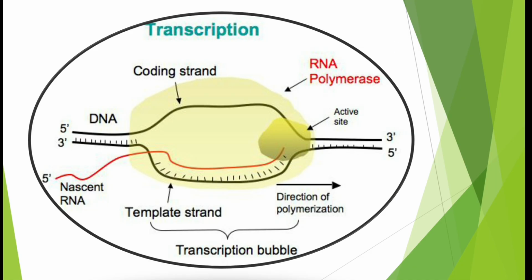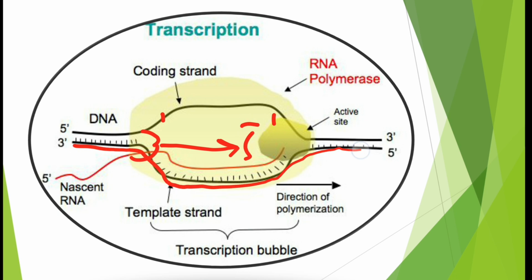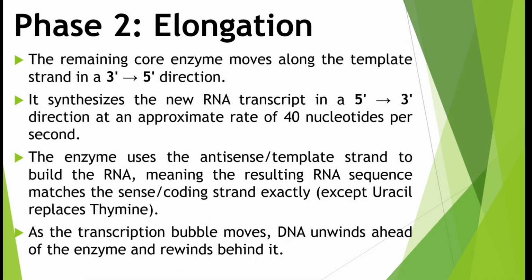RNA polymerase works in the 3' to 5' direction on the template strand. Next, phase 2, which is elongation. The remaining core enzyme moves along the template strand in a 3' to 5' direction. It synthesizes the new RNA transcript in the 5' to 3' direction at an approximate rate of 40 nucleotides per second.